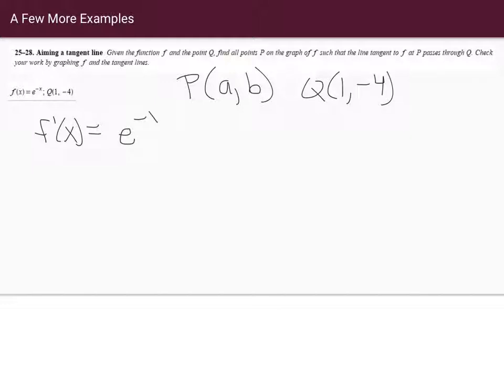Anytime you have a multiple of x in the exponent, all you have to do to finish your derivative is to multiply by whatever that coefficient is on the x in the exponent. So it turns out the derivative of e to the minus x is minus e to the minus x power. So now I have my derivative. That is my slope formula.